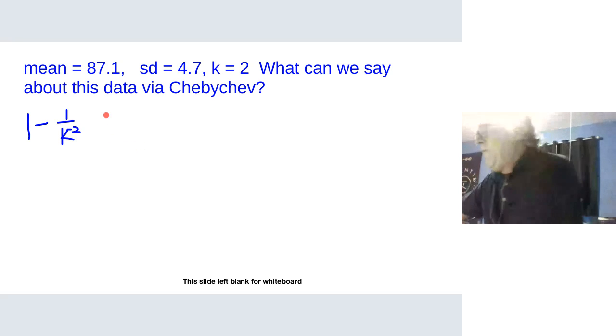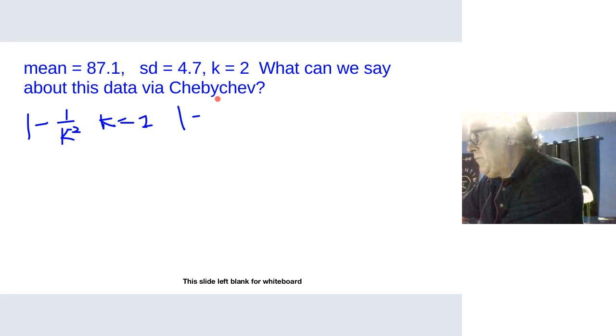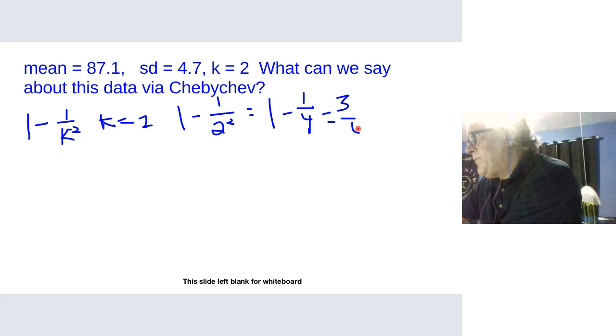I don't really think most people need to memorize the formula, because hopefully you recognize these. There's only two values. So that's 1 minus 1/4, or 3/4, or 75%.